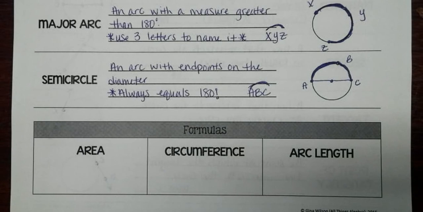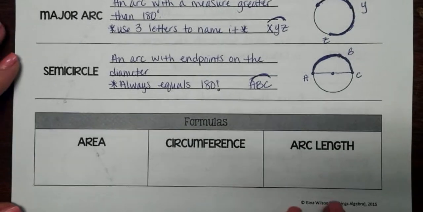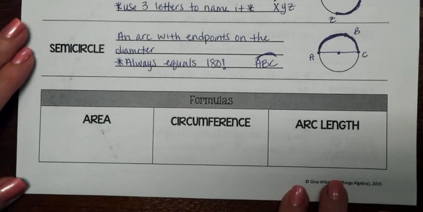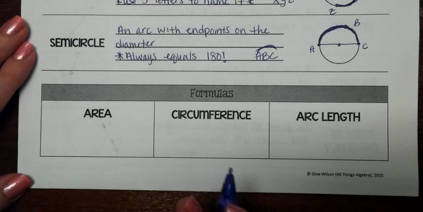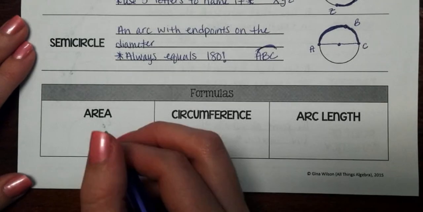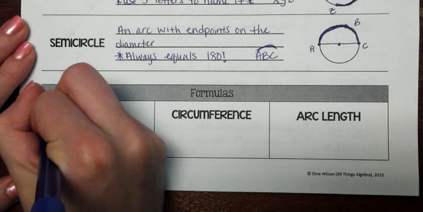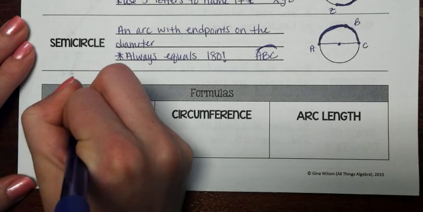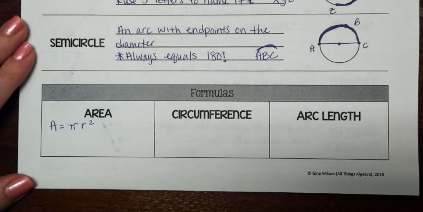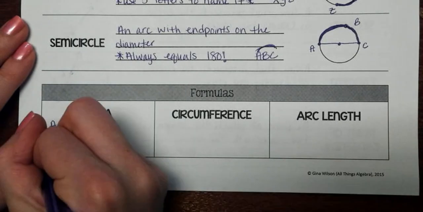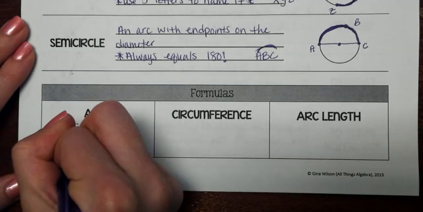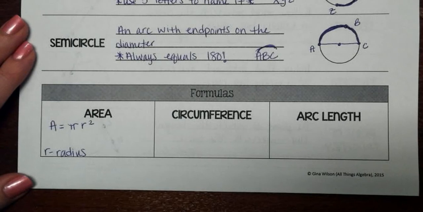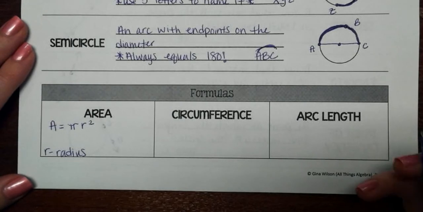Okay, you have some formulas that you need to remember. You've seen these formulas before. At least you've seen area and circumference. Arc length will be a new one. So our area formula for a circle is area equals pi times radius squared. Remember, r stands for radius. Write it down if you don't remember. Okay, circumference, you have 2 different formulas that you can use.